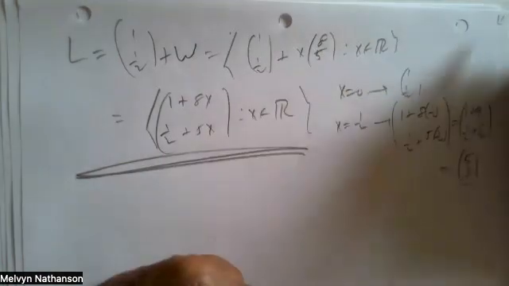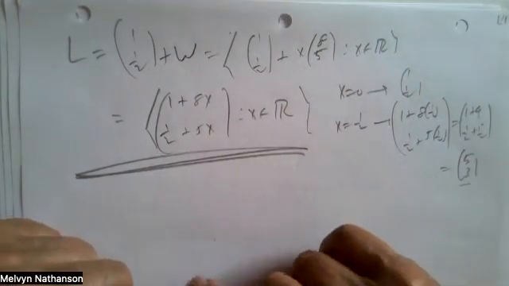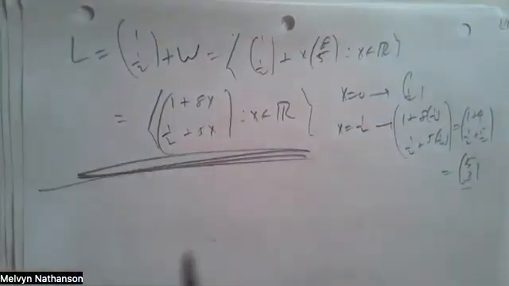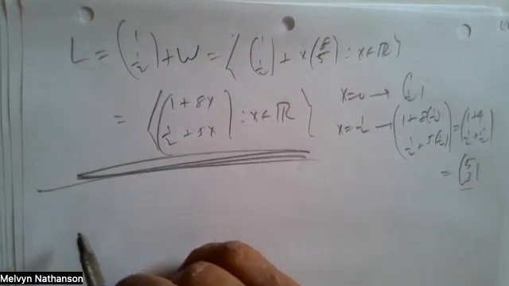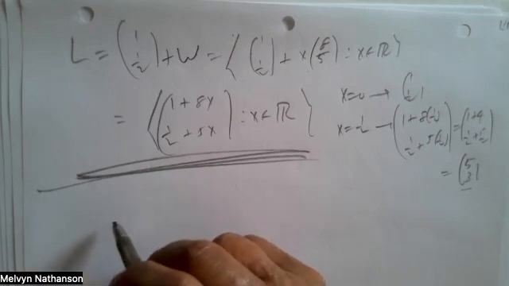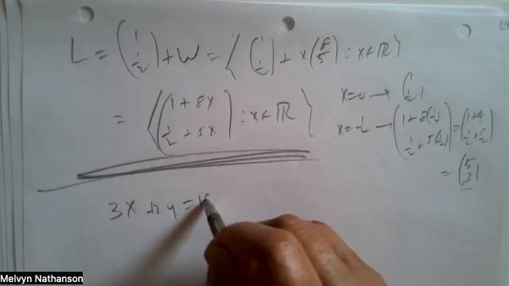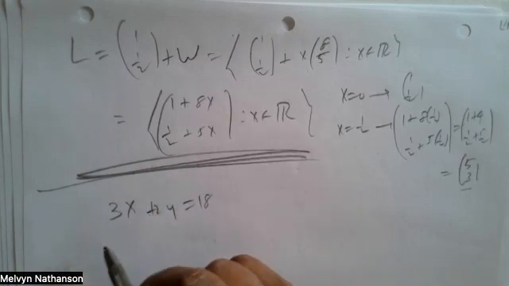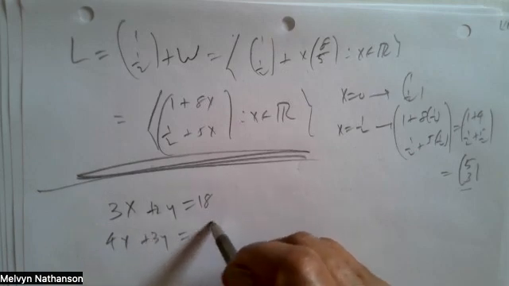Other questions? Okay, well, this is a discussion of one vector, one linear equation. But you know, in high school, you often had to solve two equations and two unknowns, like 3x plus 2y equals 18, and 4x plus 3y equals minus 5.